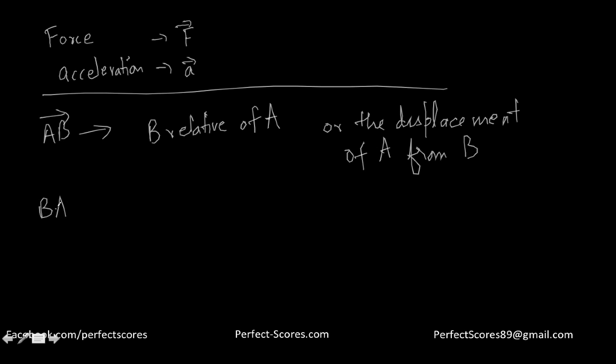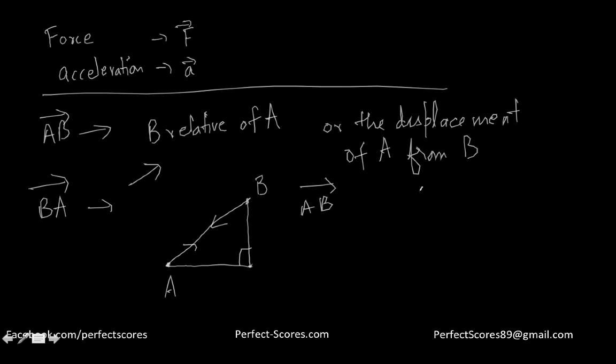Similarly, the BA vector would represent A relative to B, or the displacement of A from B. Let's suppose you travel in this direction, then at 90 degrees in this direction, and you reach point B. This direction would represent AB, and BA would represent the opposite direction.